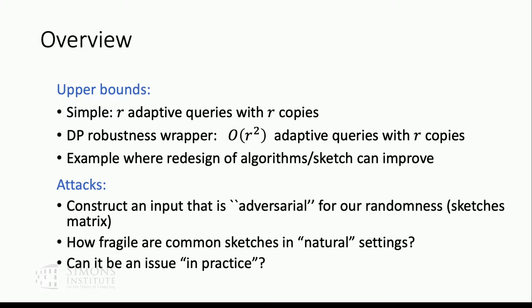And then I'll also talk about attacks, basically a method to construct an input that is adversarial for the randomness. How susceptible are the sketches that we usually know and love to this? Is this adaptive input really an issue in practice?